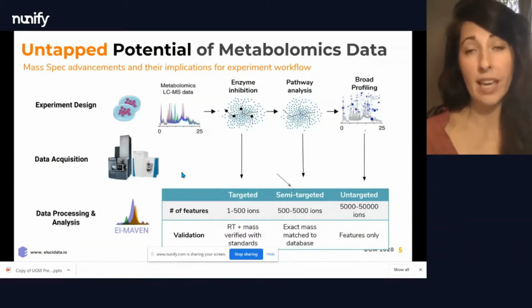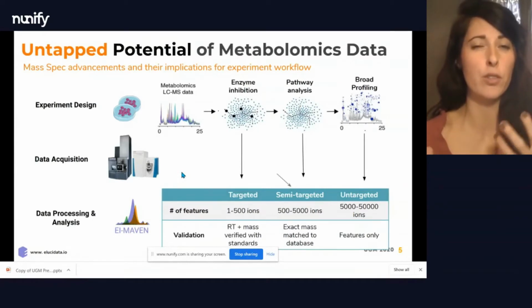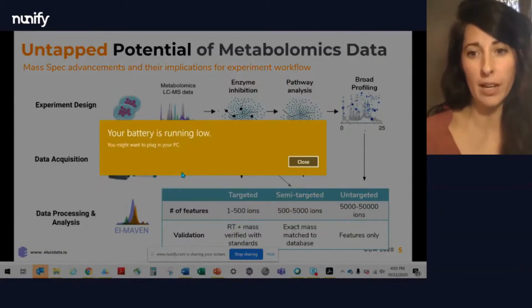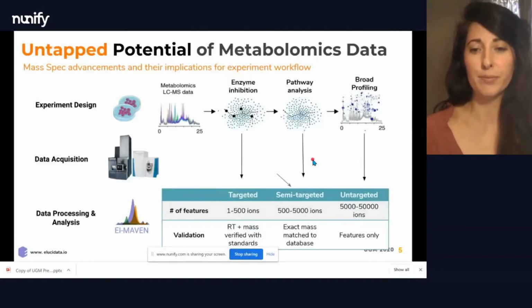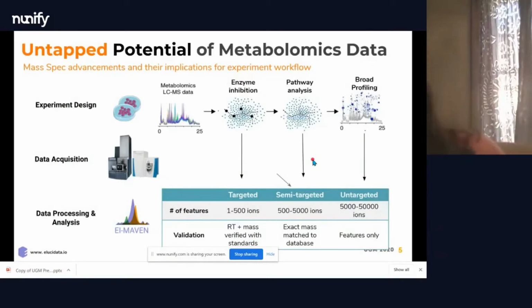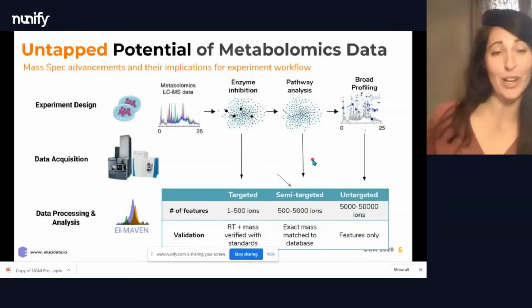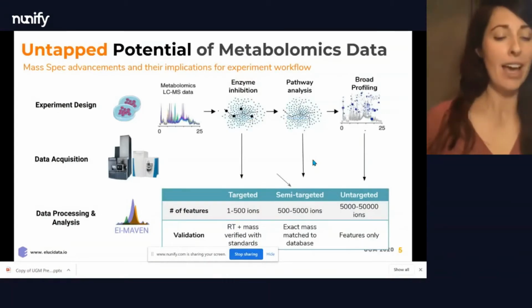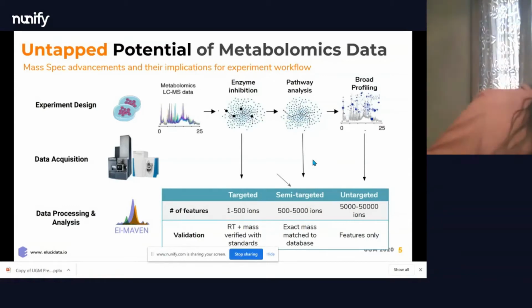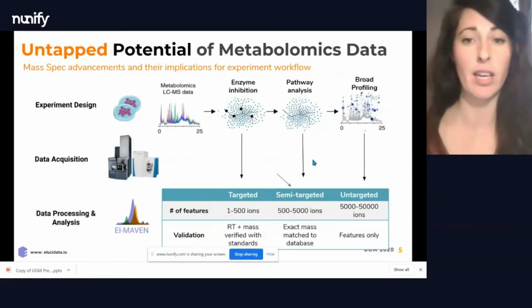And the scan speeds, the resolution, the mass accuracy has improved to a point that there's less of a trade-off between precision and accuracy, and you're not worrying about sensitivity as much.